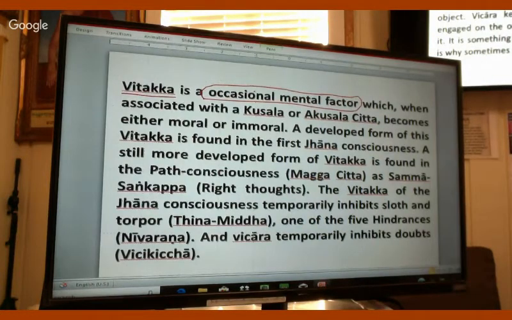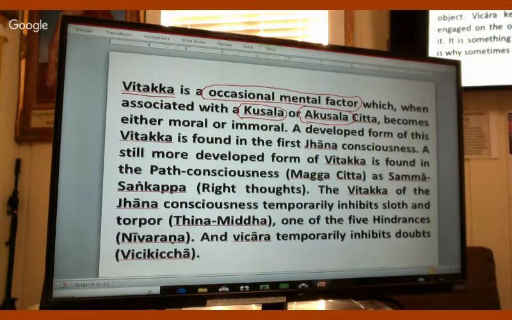So that meaning is occasional. Occasional manifesta means positive and negative. Sometimes Vitaka is negative, sometimes positive. It depends on the association. When associated with kusala, wholesome, Vitaka is positive. When associated with akusala chitta, unwholesome consciousness, Vitaka is negative.